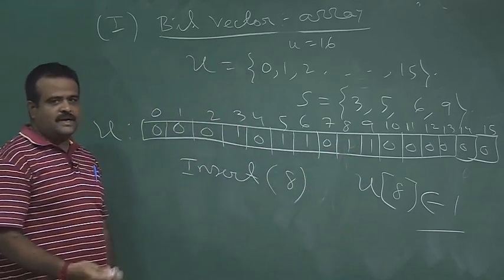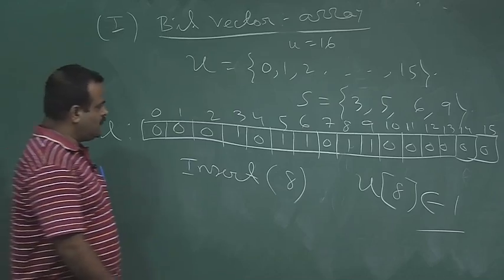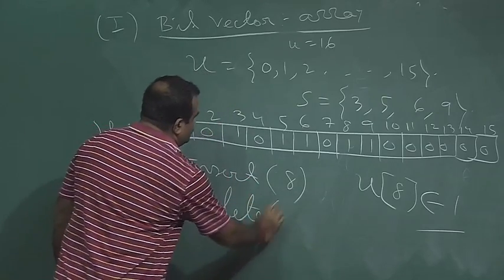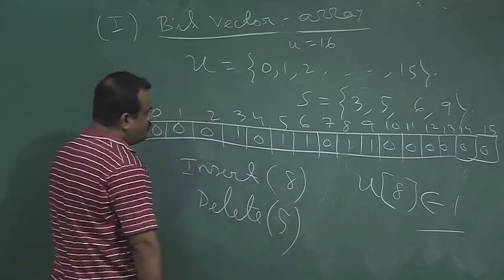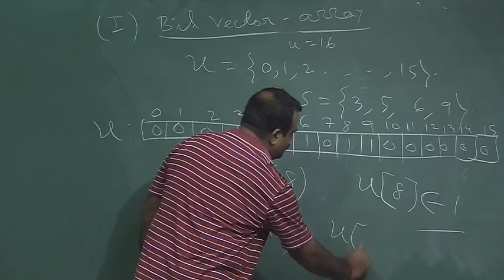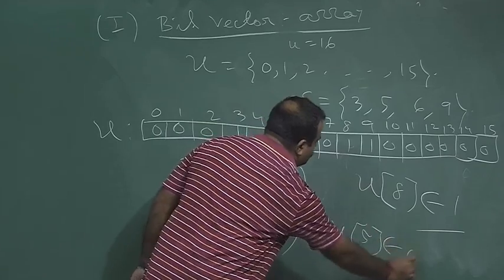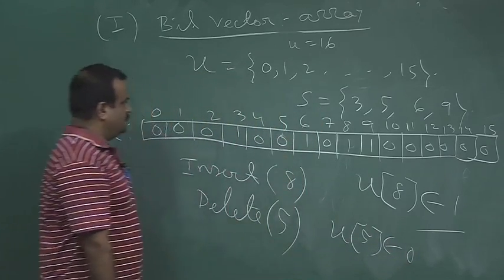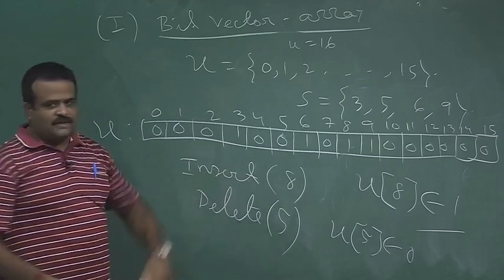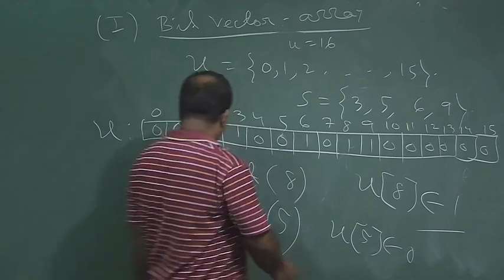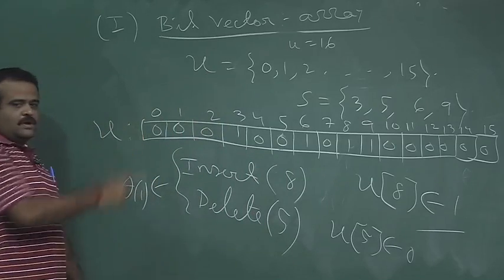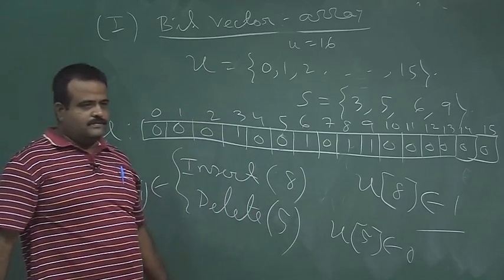This is the insert operation, and delete is also the same. If we want to delete 5, we go to U[5] and make it 0, switch on off. How much time are we spending for insert and deletion? It is just constant time, we are just switching a bit on and off like this.